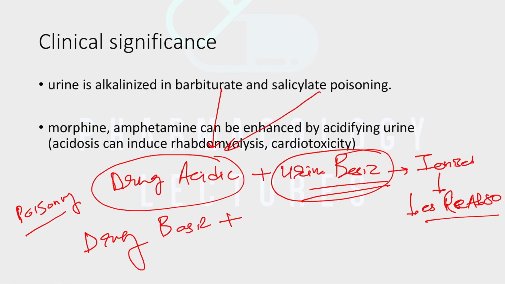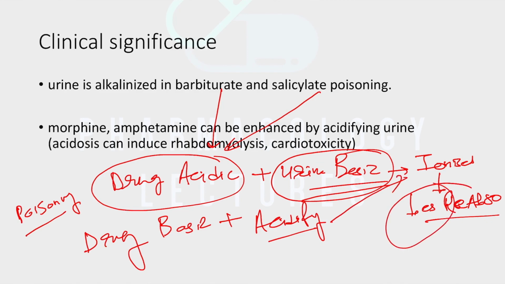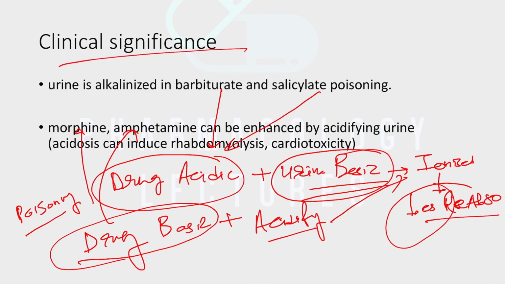What do we need to do? We need to acidify the urine so that again the drug gets ionized and less reabsorption occurs. And basic drug poisoning cases are morphine and amphetamine. So this is the clinical significance of the reabsorption system.